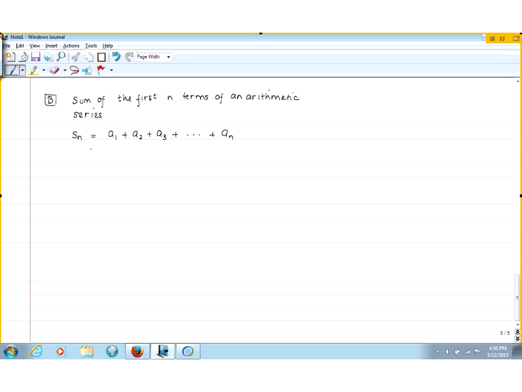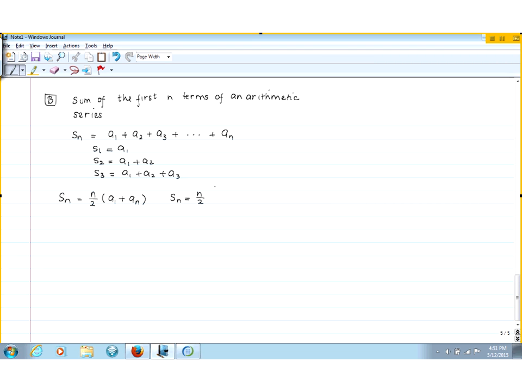Now, there are 2 formulas. By the way, if I'm talking about S1, S1 is just A1. S2 is the sum of the first 2 terms. And then S3 is the sum of the first 3 terms, etc. So anyway, Sn is n over 2 times A1 plus An.